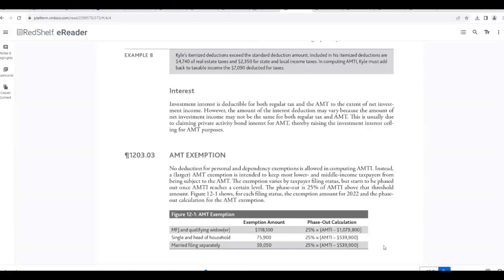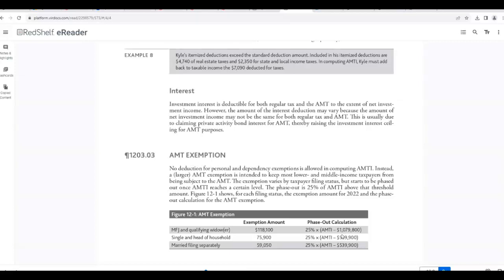But do you still use the exemption and then the phase-out? The exemption is phasing out. Let's say you are married filing jointly. The IRS asks, are you making more than 1,079,000? Then technically you don't need an exemption.